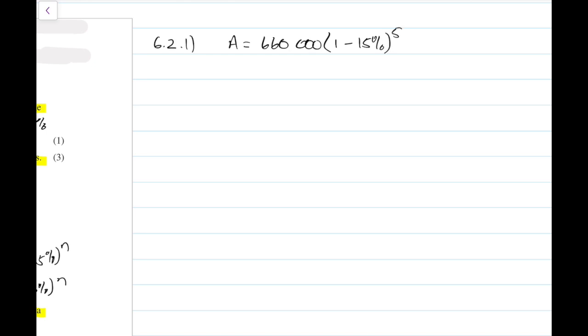So that there is going to be worth 660,000 into 1 minus 15% to the power of 5, and that's 292,845.51. Now this is basically your carrying value or your trading value. What we're going to do now is find out what the new laptop's price will be.